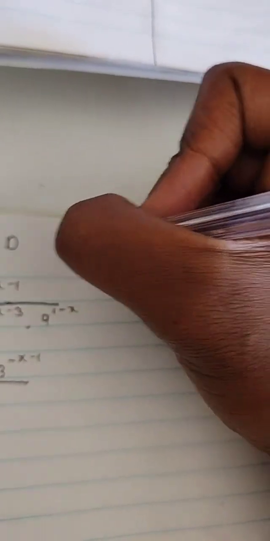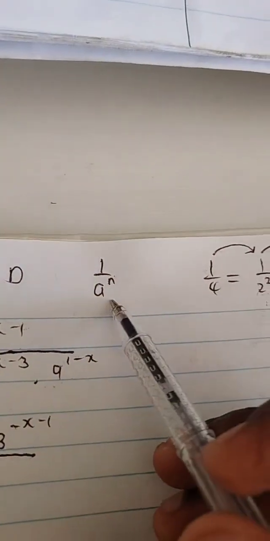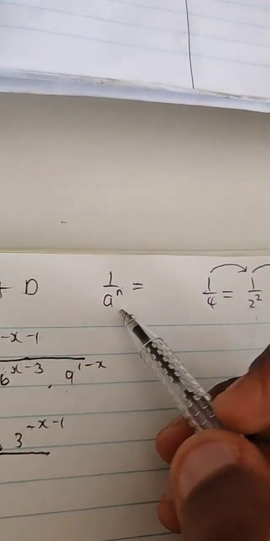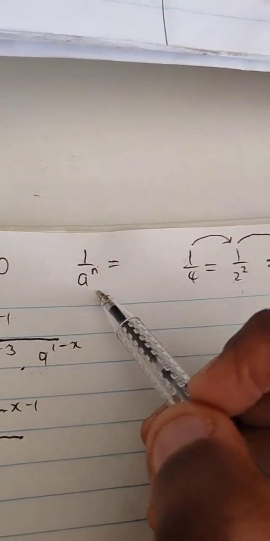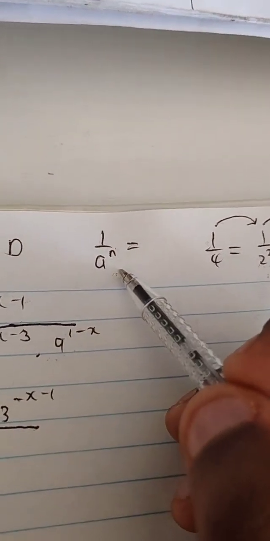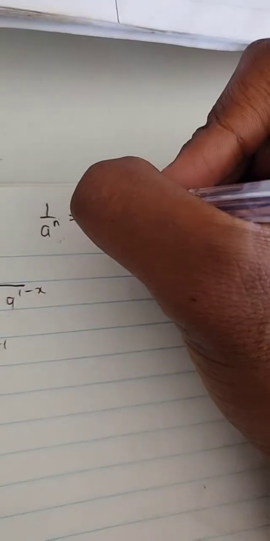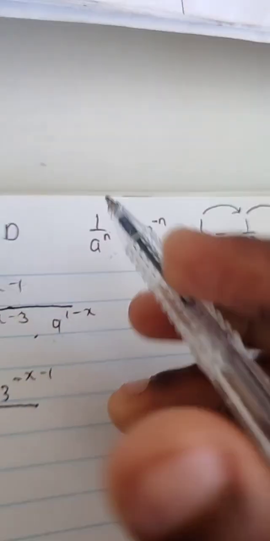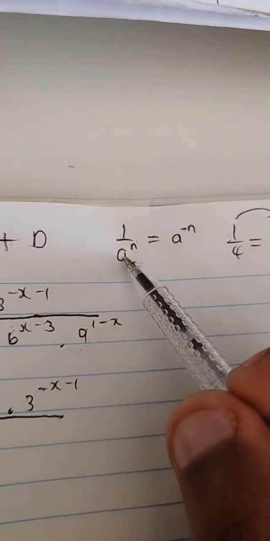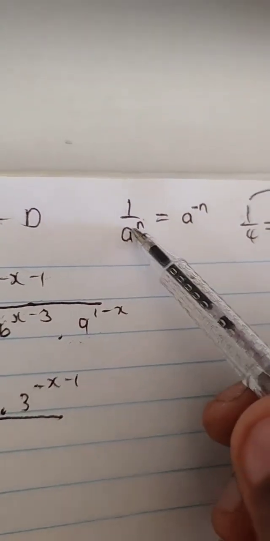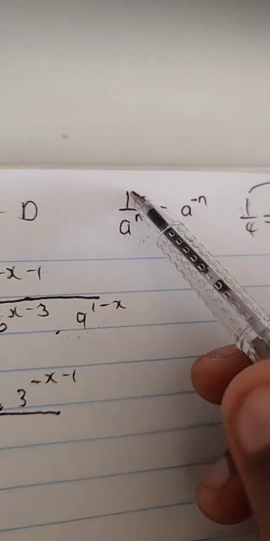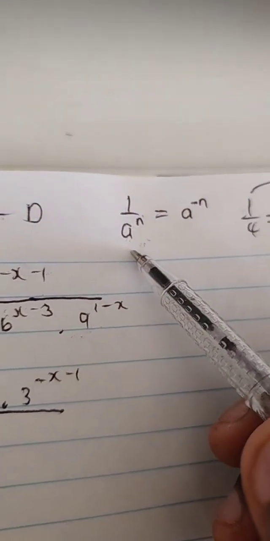Then I can use my law, this one. Which law? Any base, 1 over a to the power n. Remember guys, I can write this fraction as an exponential base a raised to the power negative n. What happened? The base moved from the denominator to the numerator. What happens when we move a base from denominator to numerator, or numerator to denominator?